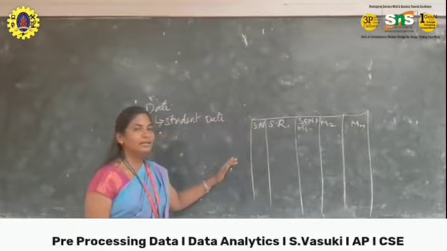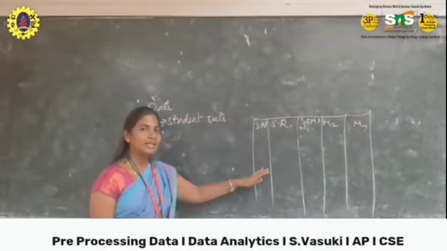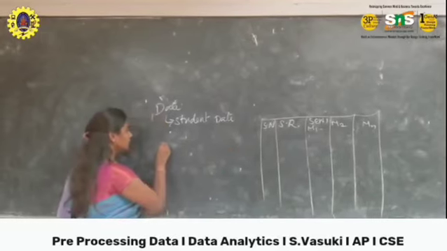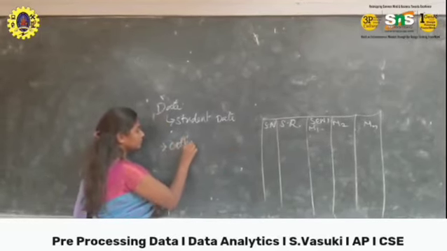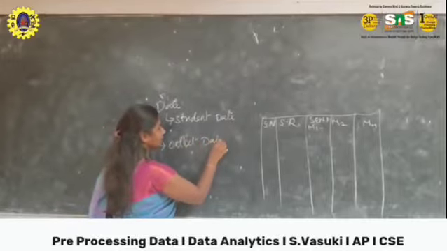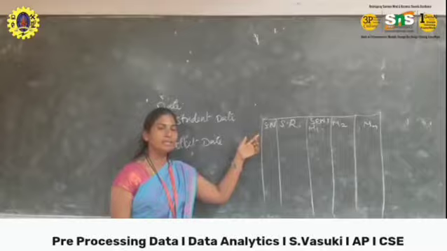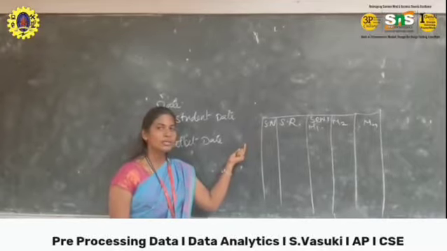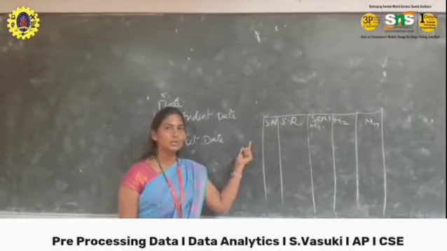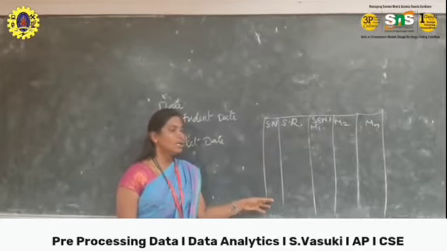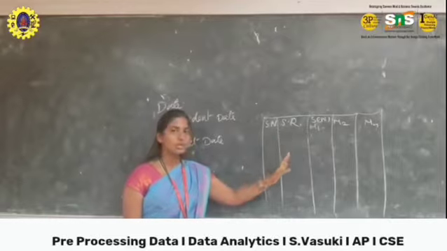I cannot directly create this file. So what is the previous process? I need to collect the data. If I am taking any one single class, it may contain 60 students, so I need to collect each and every student name, followed by each and every student roll number.